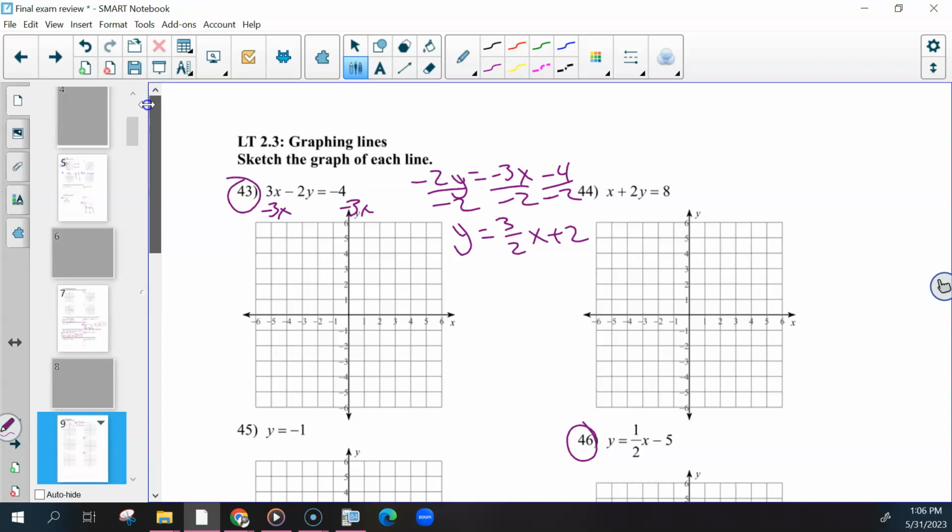Then from there, we're going to graph this, starting at our y-intercept, which is positive 2. So on the y-axis, put a point at 2. The slope is 3 over 2. So that's positive. So we can go up 3 and to the right 2 because those are both positive directions.